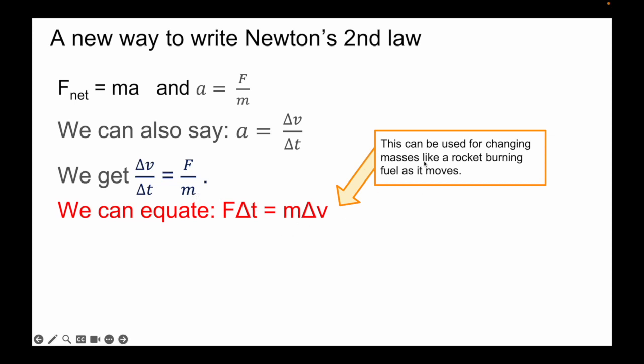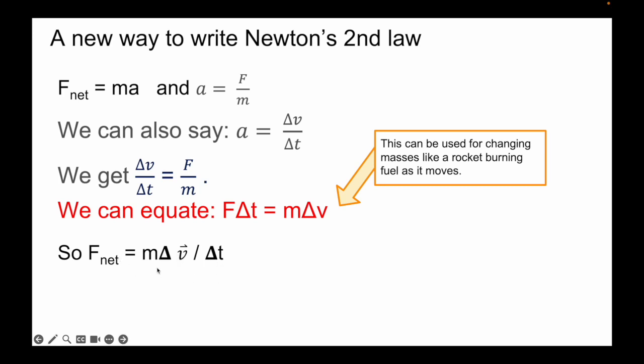We can use this for changing masses, like when a rocket is moving and it's losing fuel as it moves. We can actually use this for calculating the burning of fuel as it moves and what its momentum is. We can also say that the net force is equal to mass times change in velocity over time.